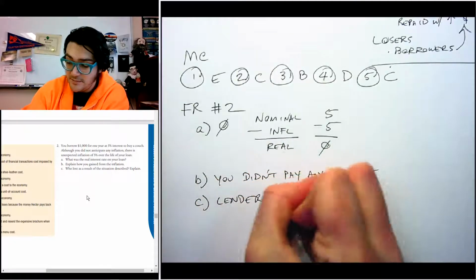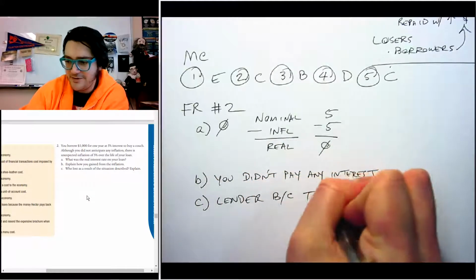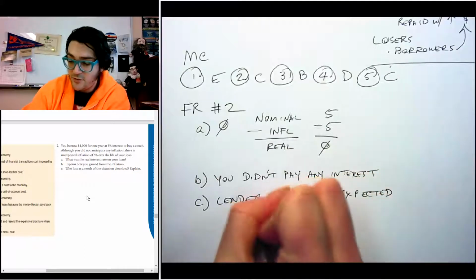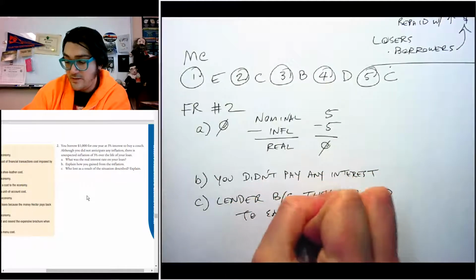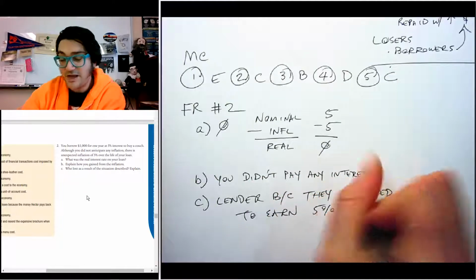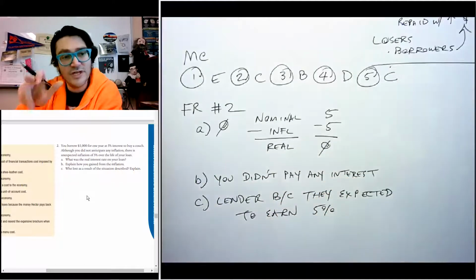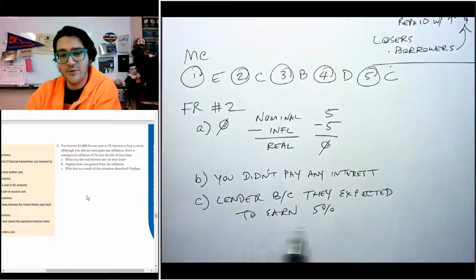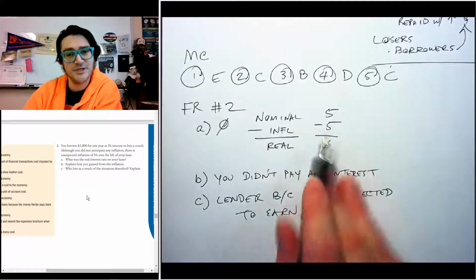because they expected, or we think they expected, to earn 5%. I think, the way this is saying, like, you didn't anticipate any inflation, maybe they didn't either. We don't really know what they expected the inflation rate to be.